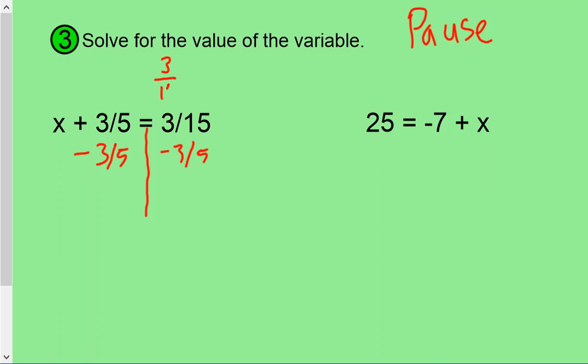So we have 3/5 minus 3/5. So I'm going to use 15 as my common denominator, so times 3, and then we have 3/15 minus 9/15, and 3 minus 9 will leave us with negative 6/15.